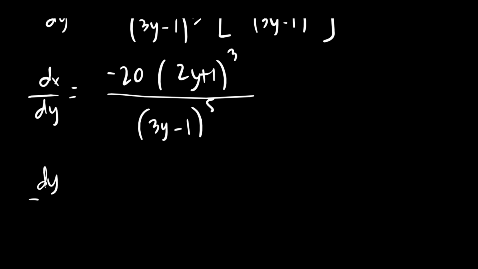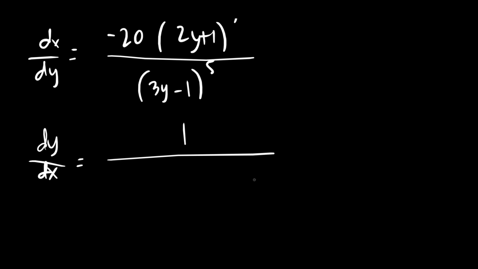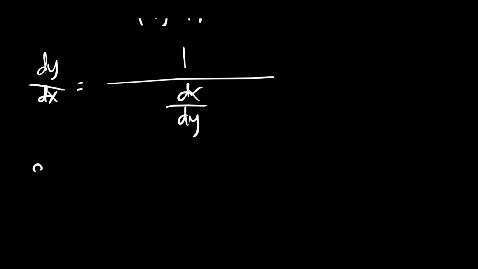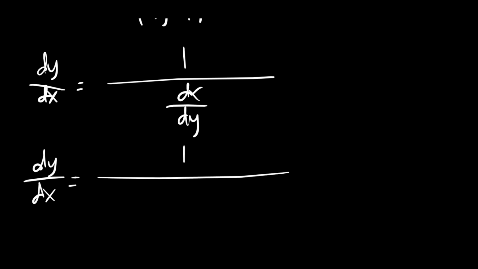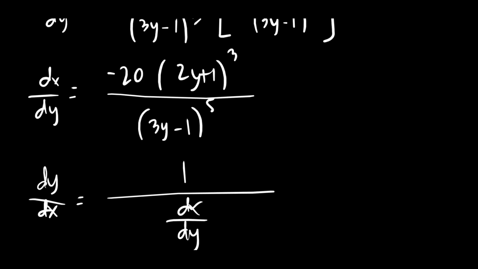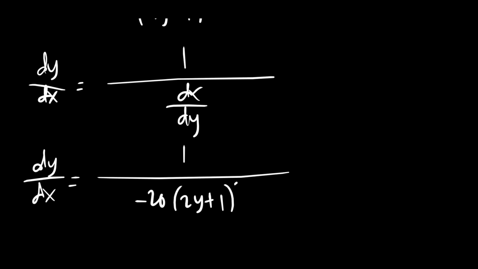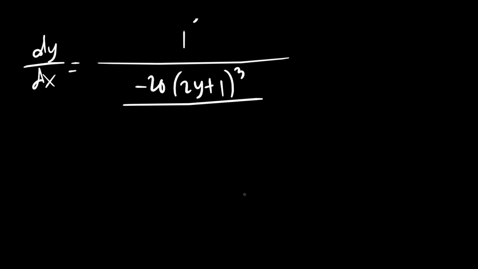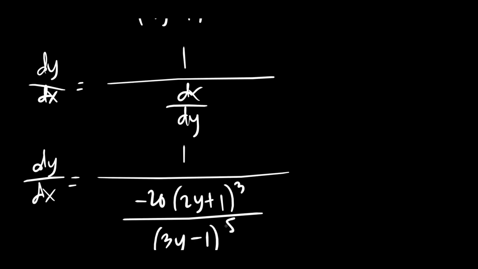So we'll find dy over dx, which is just equal to 1 all over dx over dy. So we have dy over dx is equal to 1 all over negative 20 multiplied by 2y plus 1 raised to the power of 3, all over 3y minus 1 raised to the power of 5.